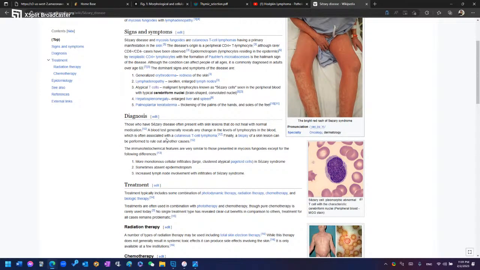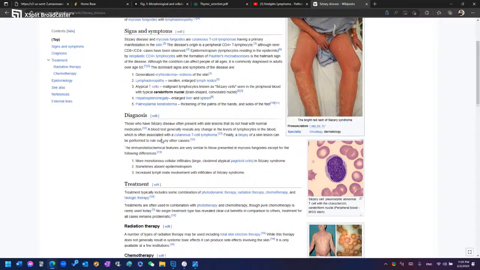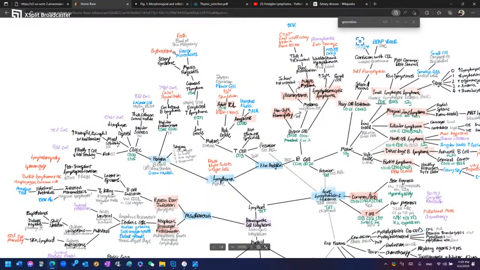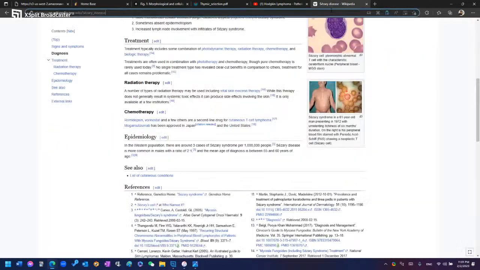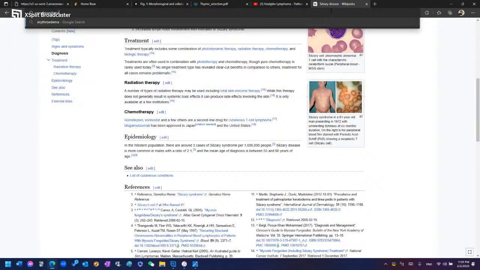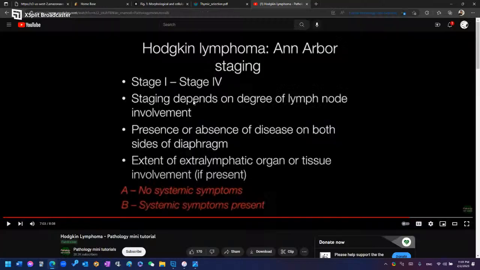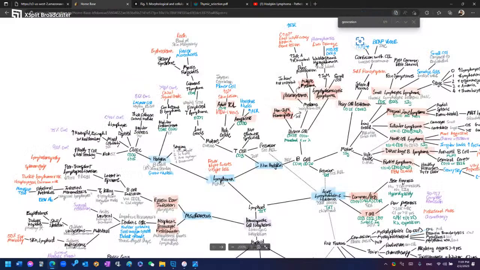I guess they're just very active and very inflammation heavy. Not just in the skin, but they're also doing a lot. So that's erythroderma.